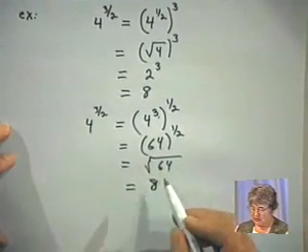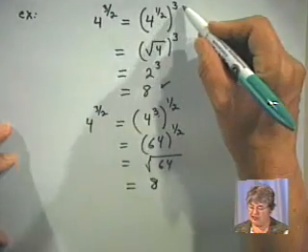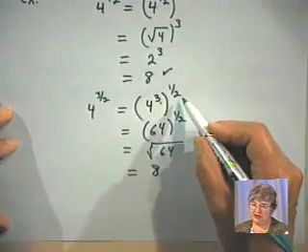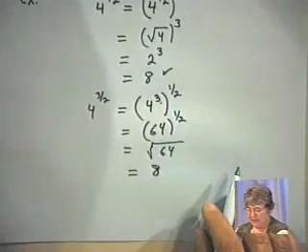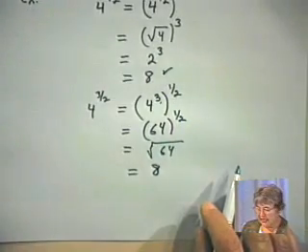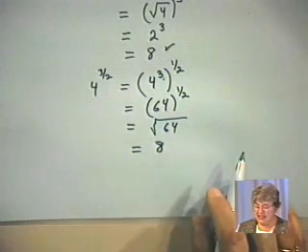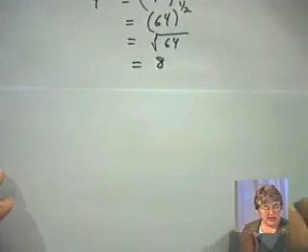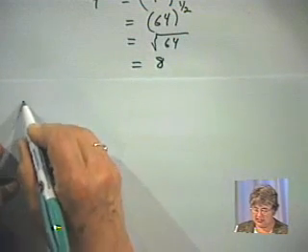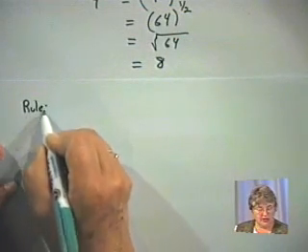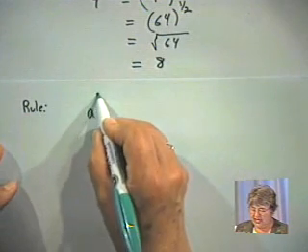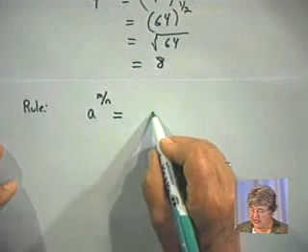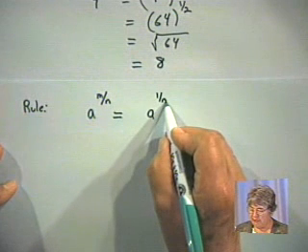As long as we don't have that problem, then we could separate it. a to the m over n equals a to the mth power, the whole thing to the 1 over n. So we could first do the root, as we did over here. This is the same thing as taking the nth root of a to the mth power. Or we could say this is a to the mth and then take the nth root. But all of this holds as long as a to the 1 over n is a real number, as long as we don't take even roots of negative numbers.